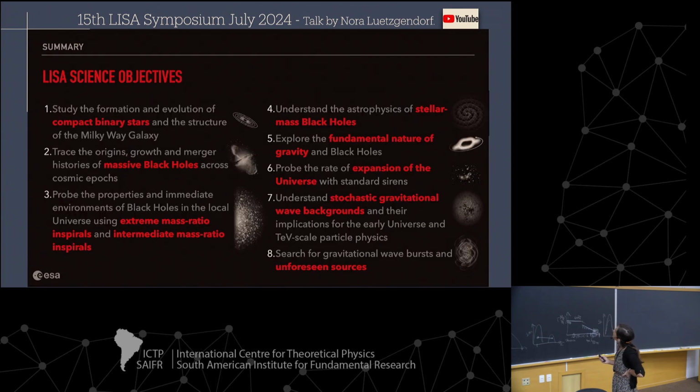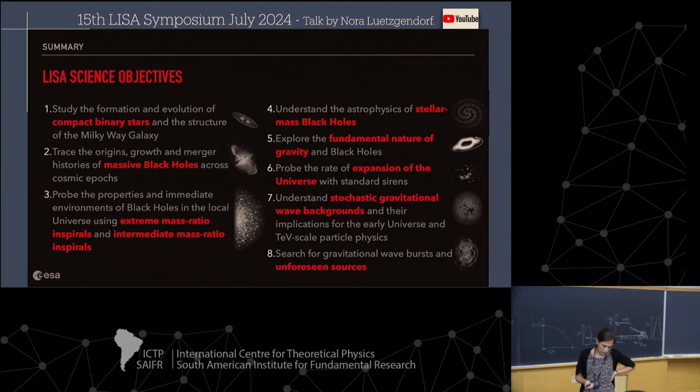Okay, so the science objectives: study the formation and evolution of compact binary stars; trace the origin, growth, and merger histories of massive black holes across cosmic epochs; probe the properties and immediate environments of black holes in the local universe using extreme mass ratio inspirals and intermediate mass ratio inspirals; understand the astrophysics of stellar-mass black holes; explore the fundamental nature of gravity; probe the rate of expansion of the universe; and understand the stochastic gravitational wave background and its implications for the early universe.